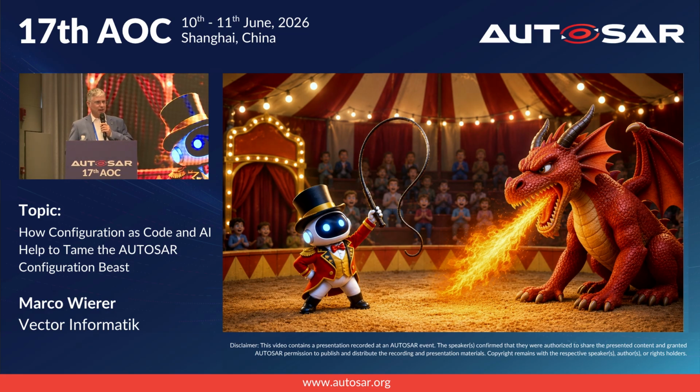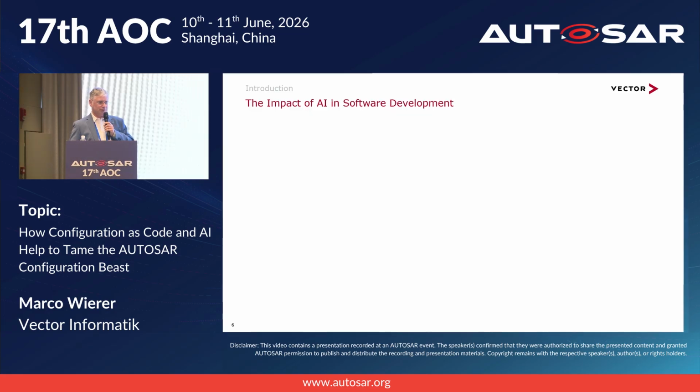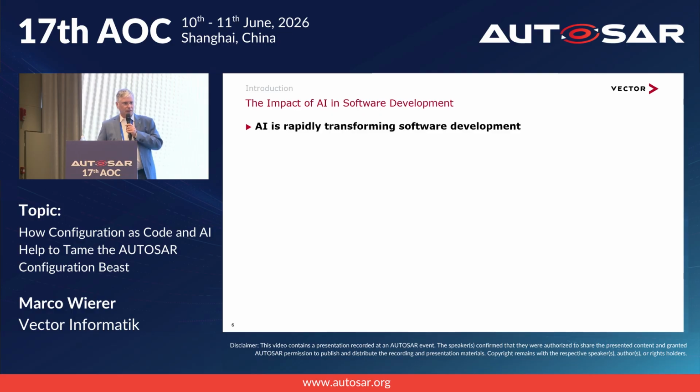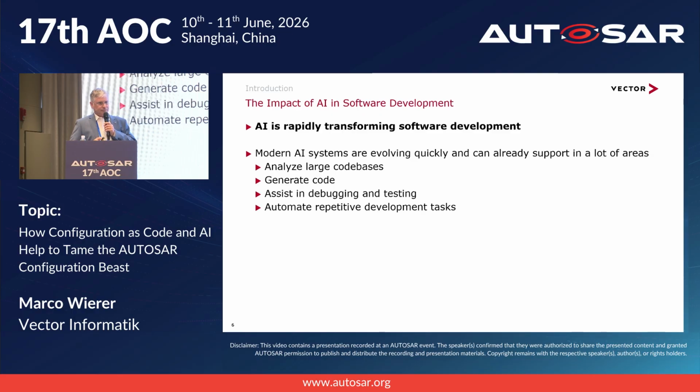So let me have a look at how AI already transformed the way we develop software today. Right now, AI is evolving very quickly, and it already can support in a lot of areas of development.